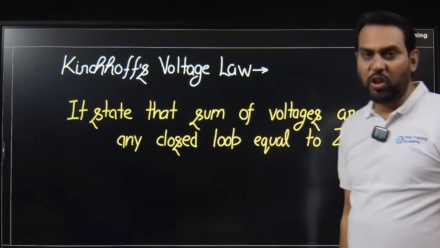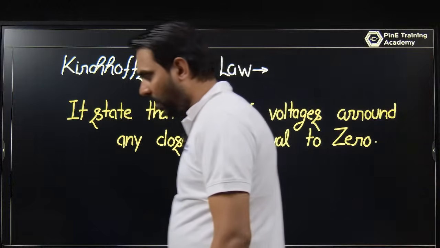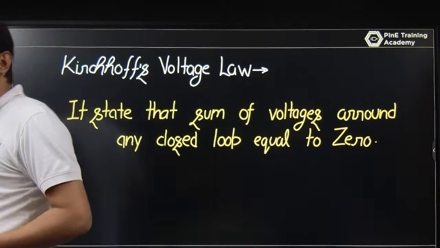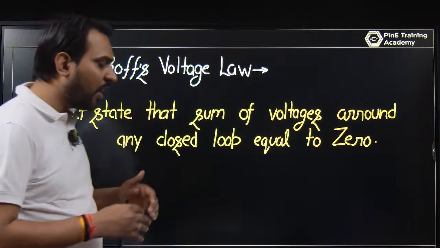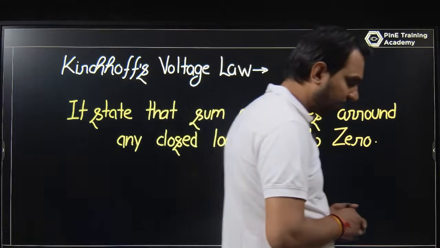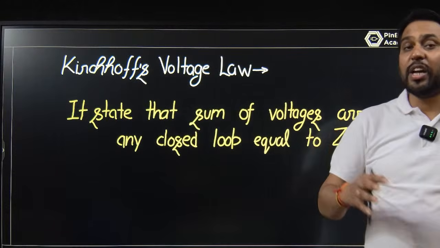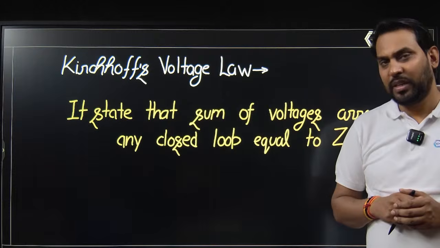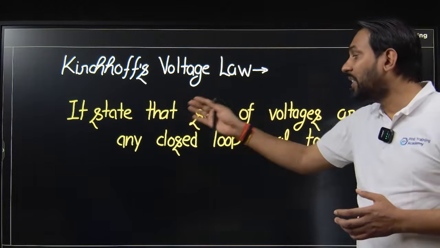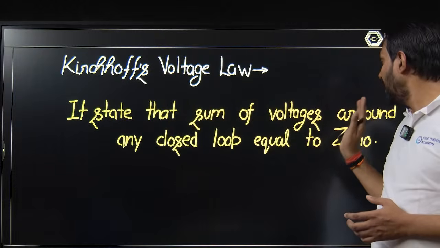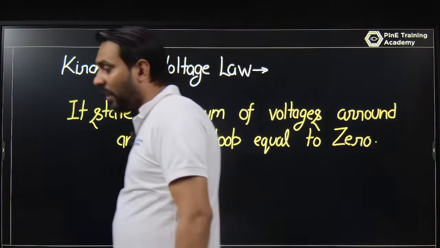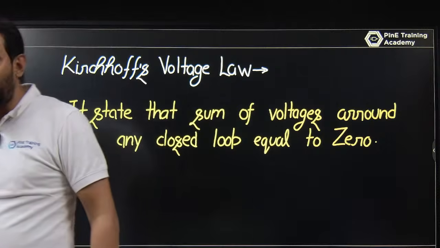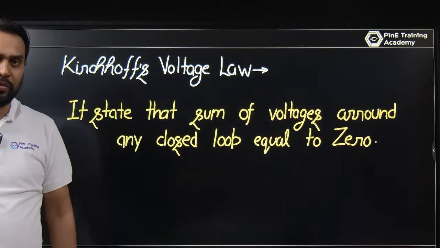Let's talk about Kirchhoff voltage law. As per KCL, the Kirchhoff current law is saying that the entering current is equal to the leaving current. Similarly, Kirchhoff voltage law states that the sum of voltage around any closed loop is equal to 0. The algebraic sum of voltage around a closed loop is equal to 0.